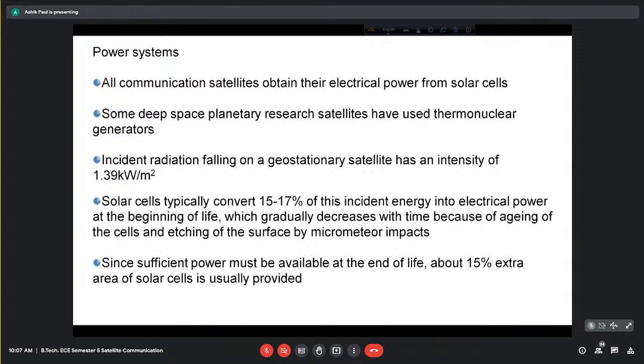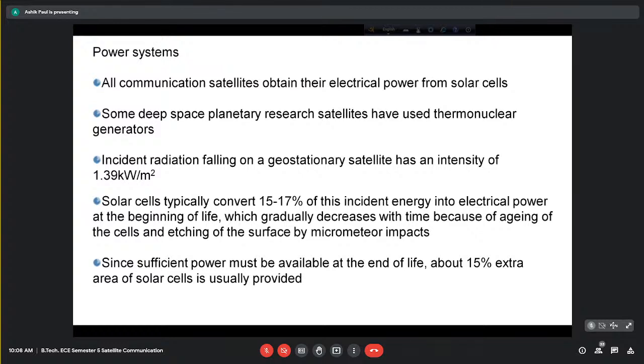Now the problem here is that these solar cells typically have a conversion efficiency of about 15 to 17% into electrical power at the beginning of their life. And that too gradually decreases with time because of aging of the satellite.